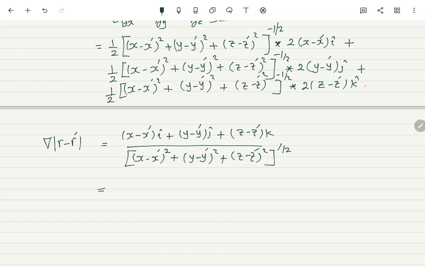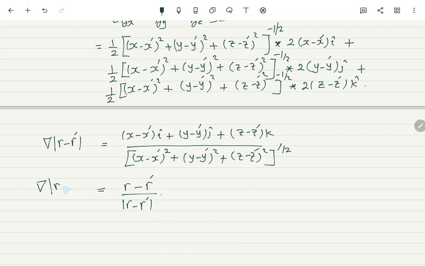Now remember, (x − x′)i hat + (y − y′)j hat + (z − z′)k hat is actually r − r′, and the denominator here is the magnitude of r − r′. And this is a very important and unique result.